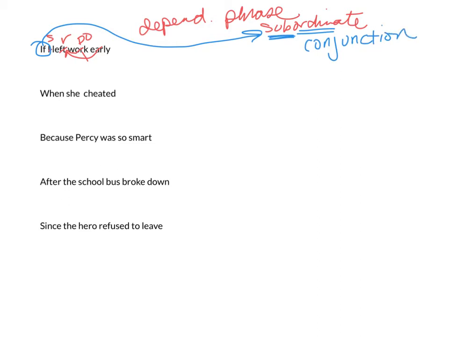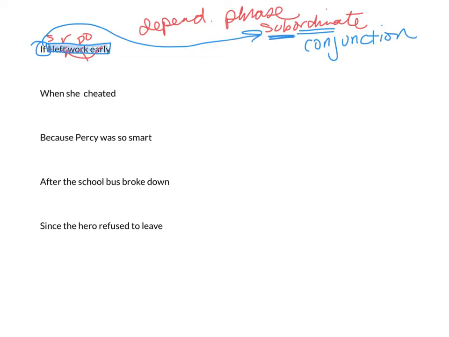A coordinating conjunction is when you're coordinating two equal ideas. A subordinate conjunction takes an idea, like I left work early. Can we agree that if you had just I left work early, that would be a complete sentence? Because get rid of the word if, and that right there would be a complete sentence.